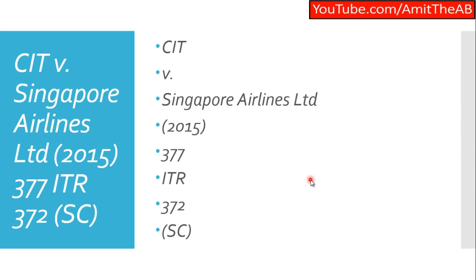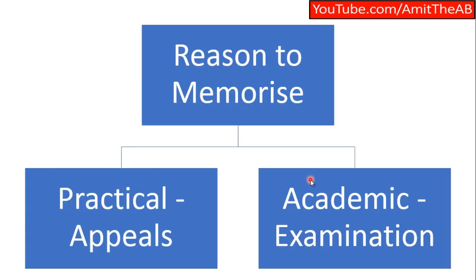Now before moving forward, you need to understand the reason to memorize. Now there could be two. One is practical and second is academic. Practical. From my own experience, I would like to share. If you are preparing some arguments for your appeal, or preparing the memorandum or submission for an appeal, in that case you would be searching so many case laws.